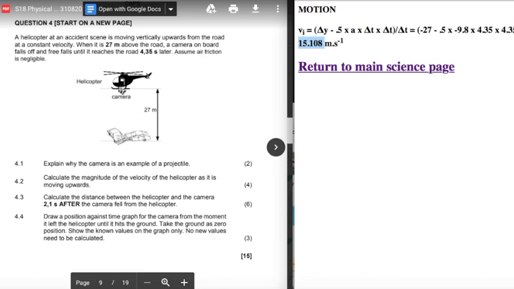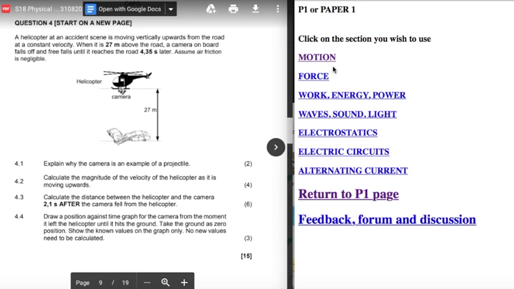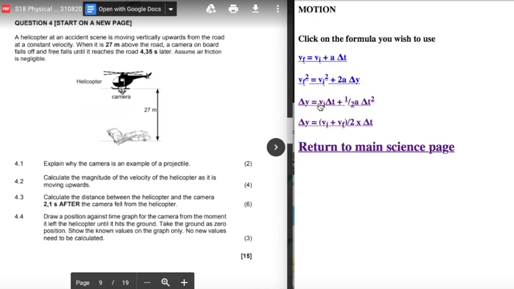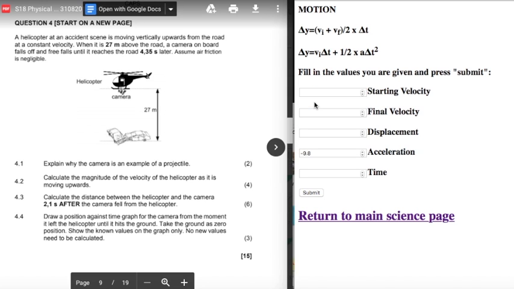So if we return to the main science page, motion, let's use this formula again and work out how far the helicopter goes in 2.1 seconds after the camera fell from the helicopter. We know the starting velocity of the helicopter and camera is 15.108. We know too that the final velocity of the helicopter, because it's moving at a constant rate, will be the same.